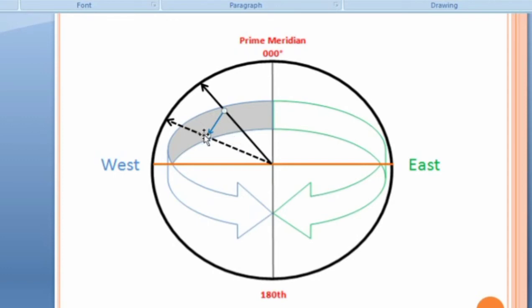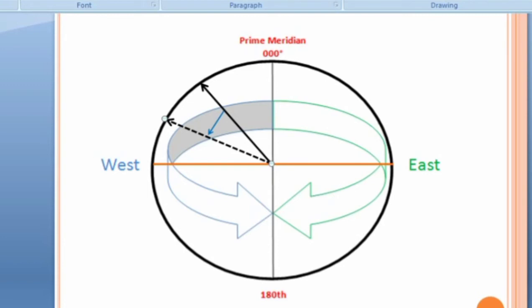So this broken line arrow here represents the answer, which is 62 degrees 20 minutes, still west because we are still inside the west side of the globe, right?